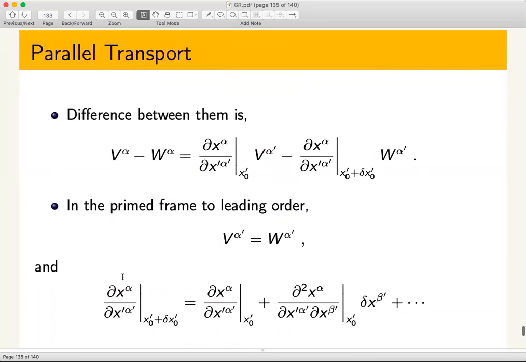Now, when you look at del x alpha by del x prime alpha prime computed at x naught prime plus delta x naught prime, and try to compare that expression with del x alpha by del x prime alpha prime evaluated at x naught prime, you actually need to do a Taylor expansion of this expression, and order by order, you set delta x naught prime equal to 0, which essentially means that you do a Taylor expansion and evaluate that at x naught prime.